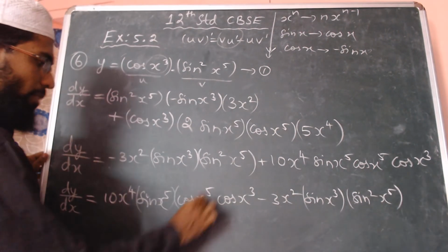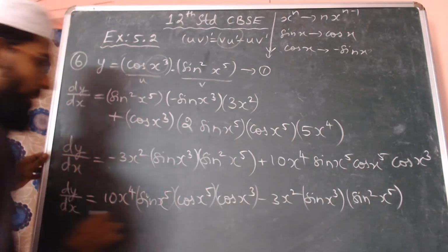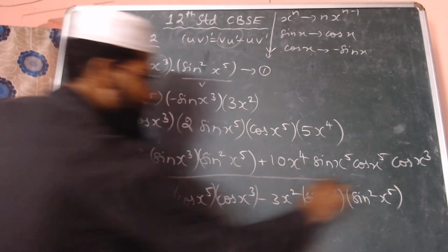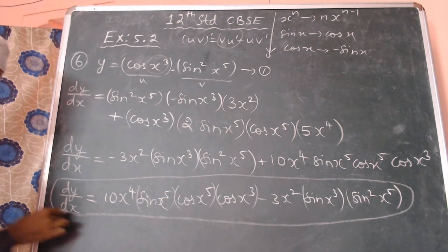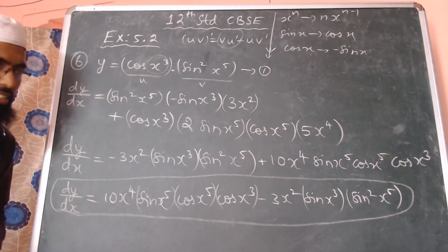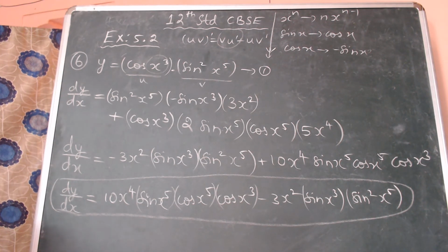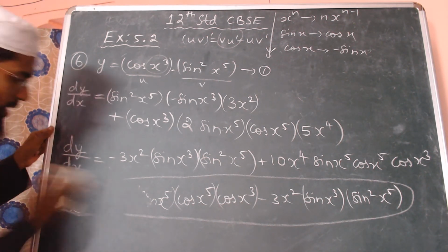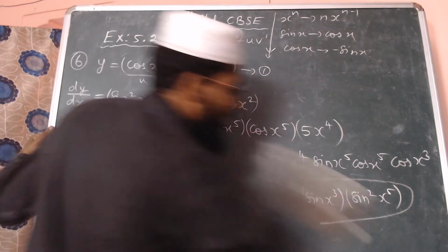So that's it. This will be my dy by dx. Fine. So that's it with the sixth sum. Now we'll get into the next problem. Let me do the eighth problem.